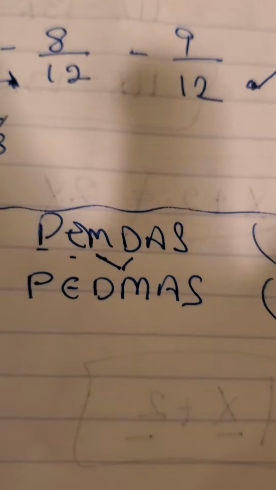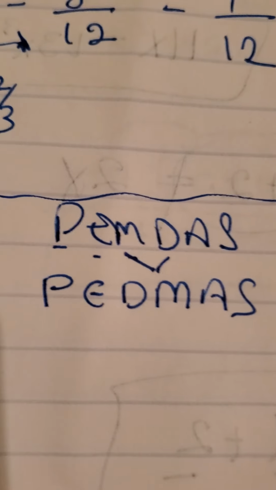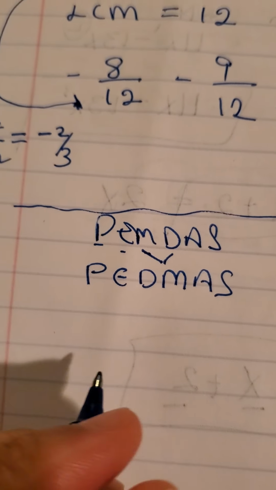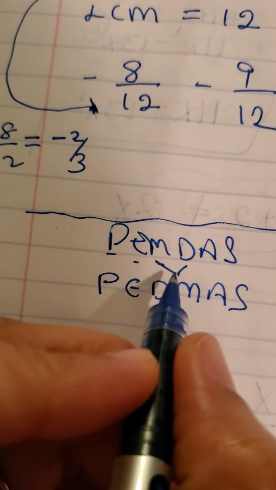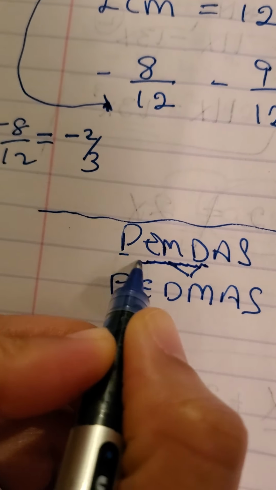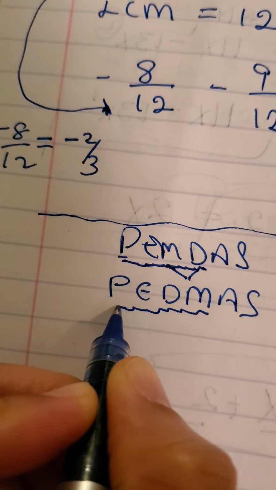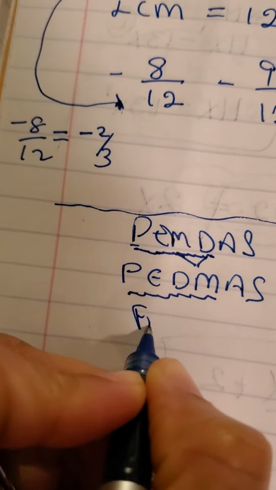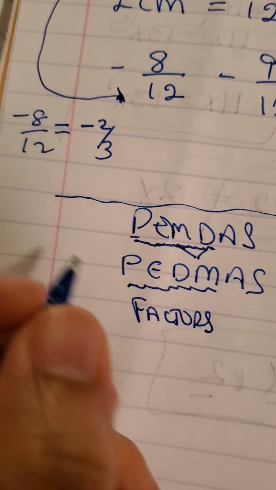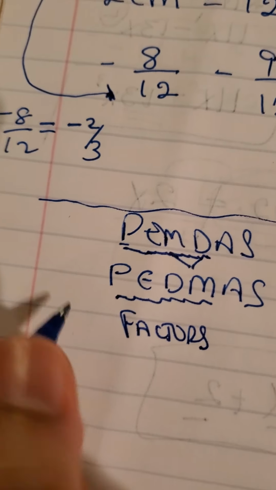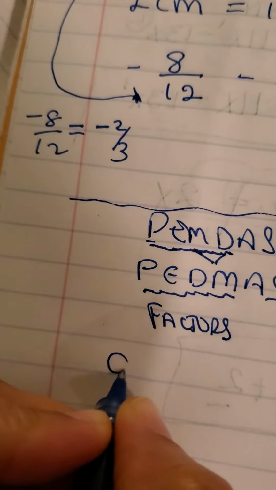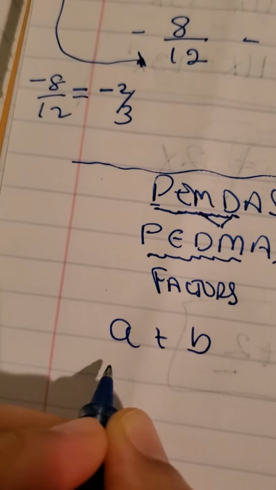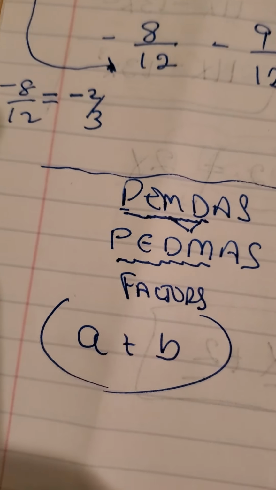But to keep things simple, at least for my students, I always tell them that what's really happening in the order of operation is that you are working with your factors first. When you put something in parentheses, you create a factor, right? If I have A plus B, these are two terms. But if I put parentheses around them, I turn it into a factor.